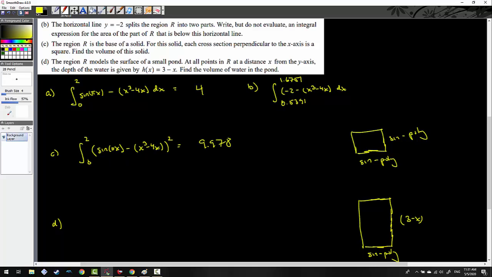So it's almost identical to C, except instead of squaring my base, sine of pi x minus (x cubed minus 4x), it's just going to get multiplied by 3 minus x dx. And that will ultimately lead me to an answer.